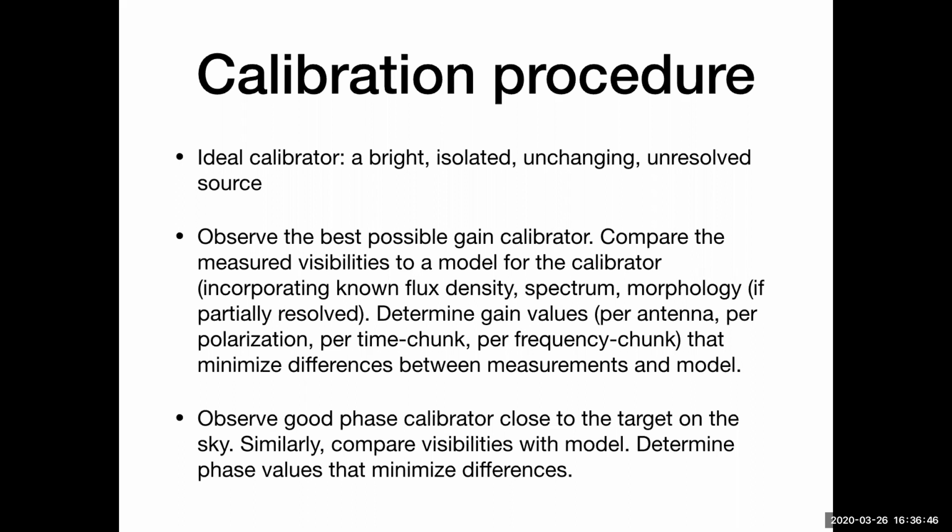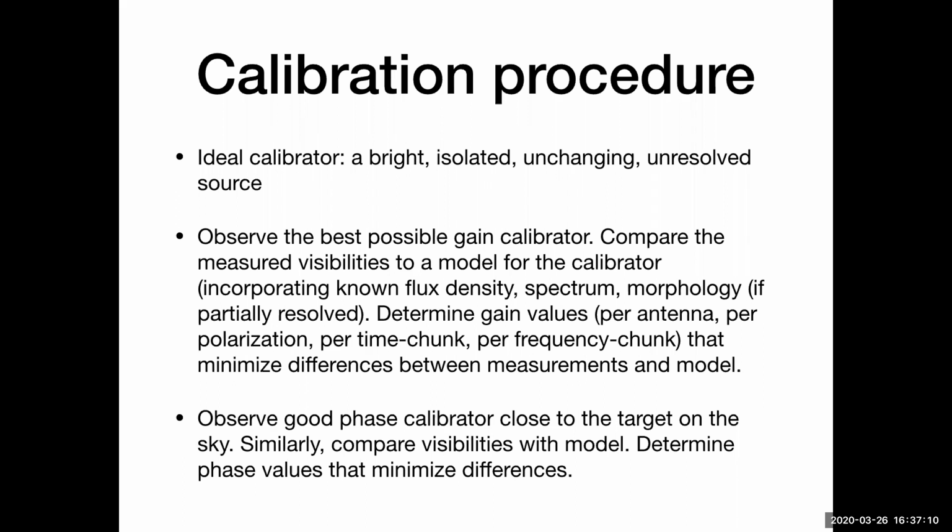And so this is often necessary because there's only a small number of good gain calibrators, usually like 3 or 4 in the entire sky. So you can only pick like 1 and you can't control where it is. So you observe some gain calibrator in wherever it happens to be, and then you pick from a much larger number of phase calibrator targets, the one that happens to be closest to your actual target.